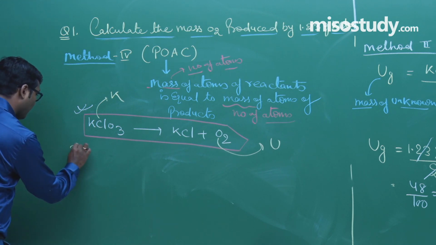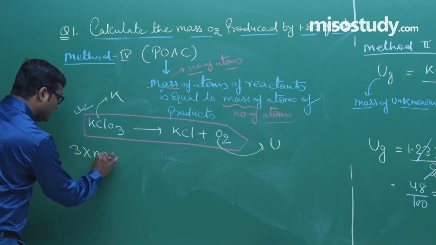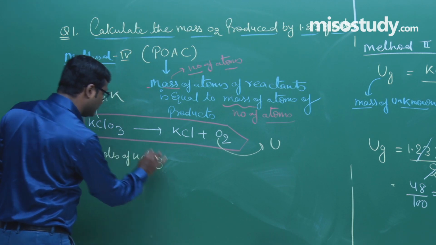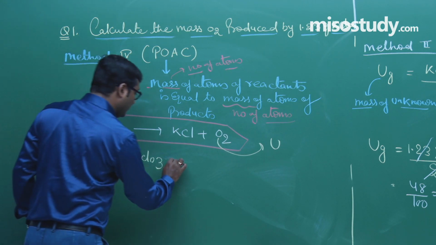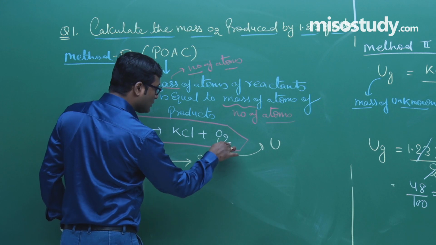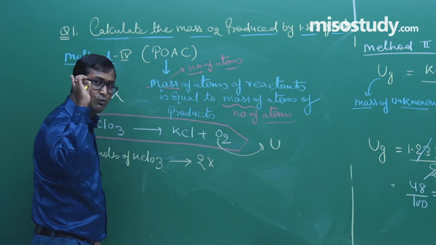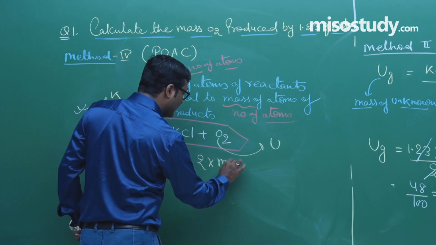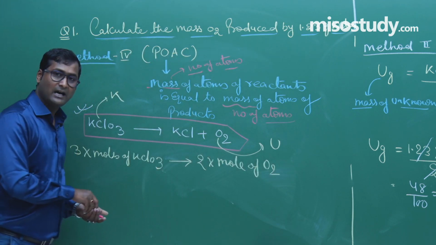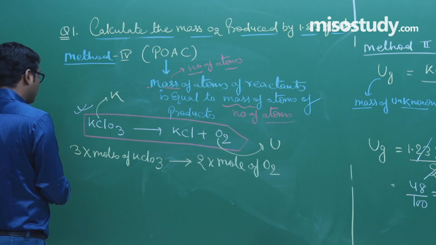Yes. Put here 3 into moles of KClO3 gives you 2, because 1 mole of O2 contains 2 moles of oxygen atoms, multiply 2 into moles of O2. Am I right? Yes, sir. You are absolutely right.